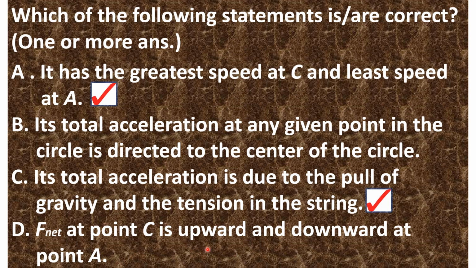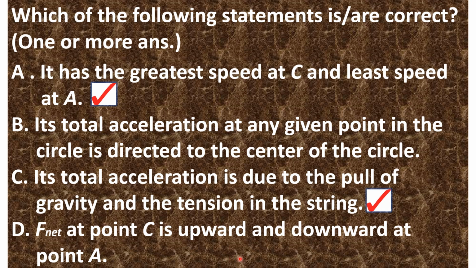While at the lowest point or point C, the force of gravity is opposite to the direction of the force of the string or the tension force. But the F net is simply the difference between the tension force and the force of gravity.